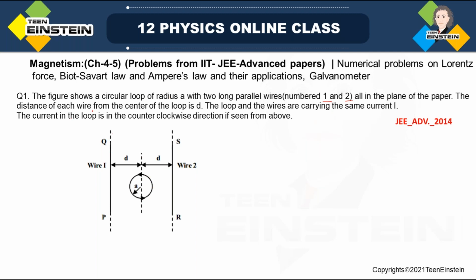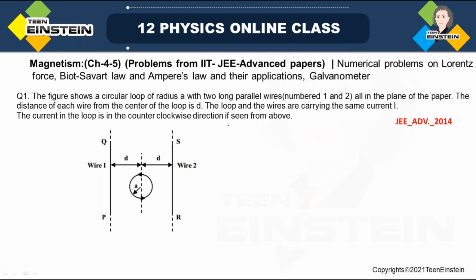The distance between each wire from the center of the loop is d. As you see, this is the center of the loop, and from the center of the loop the distance of each wire is d. And you can see here this d in this case is greater than a.